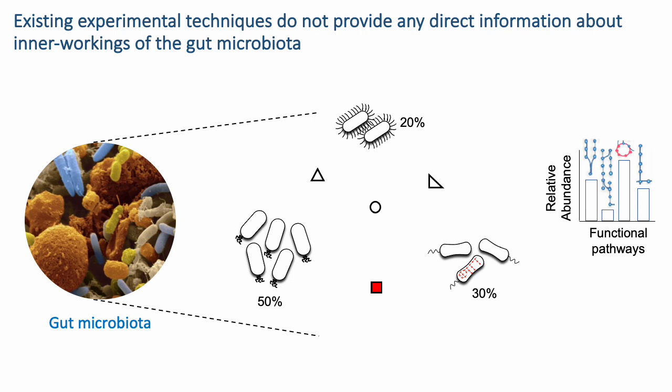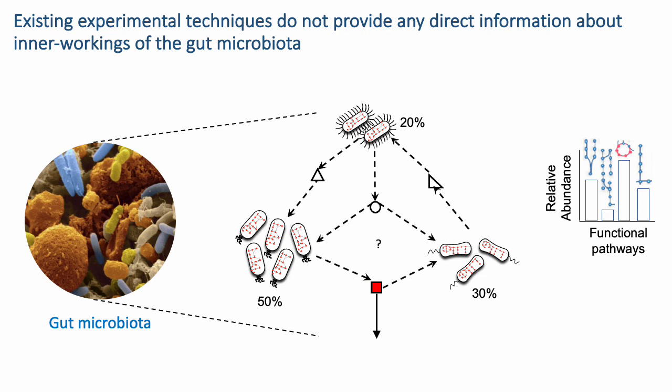However, none of these technologies could provide any direct information about what microbes carry what pathways, or what microbes produce what metabolites, and to what extent, and what other microbes may possibly consume these metabolites. Addressing these questions is really key for understanding the role of the gut microbiota in disease, and more importantly for designing therapeutics.